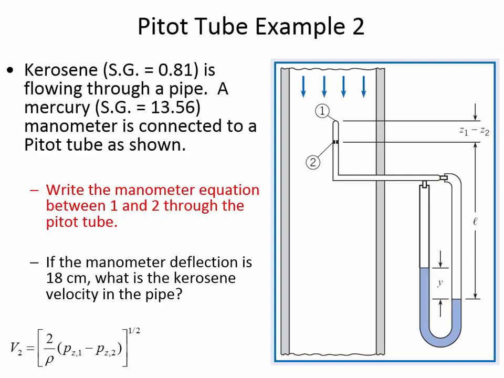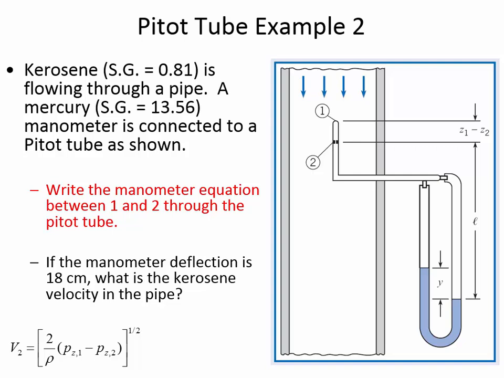All right, so we've written the manometer equation between 1 and 2. Here's the next thing that you need to do. Cancel out terms, and I'm not going to do this on the board. I'm going to give you the time to do it. There's a few terms that will cancel out, and then you're going to want to rearrange this equation in terms of P sub Z1 minus P sub Z2.